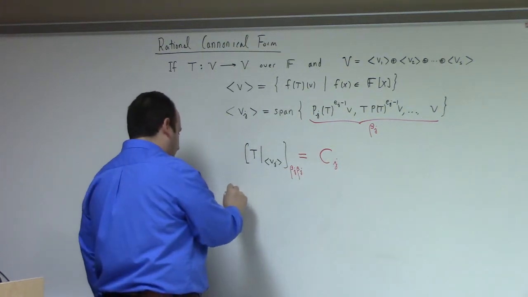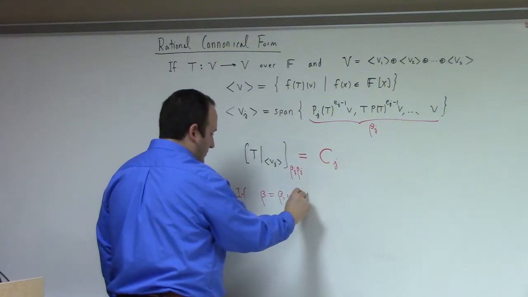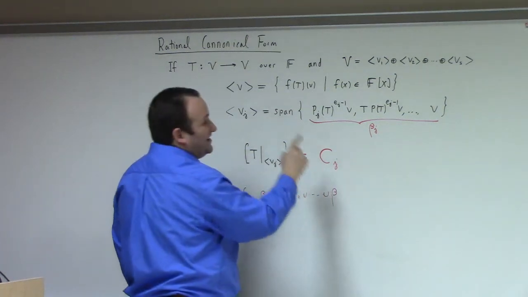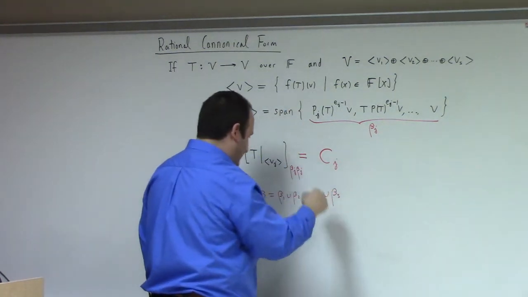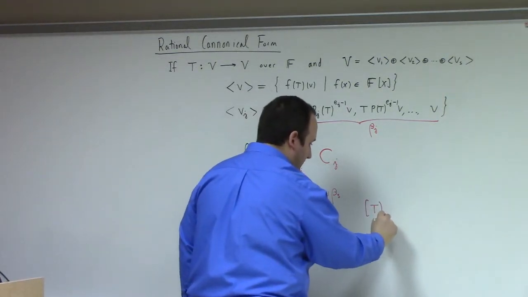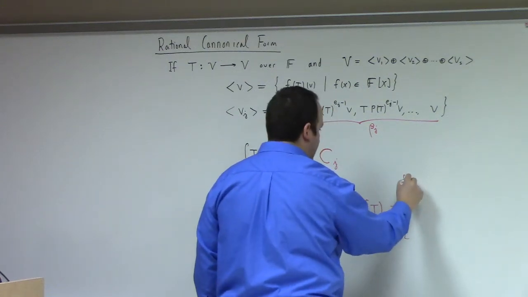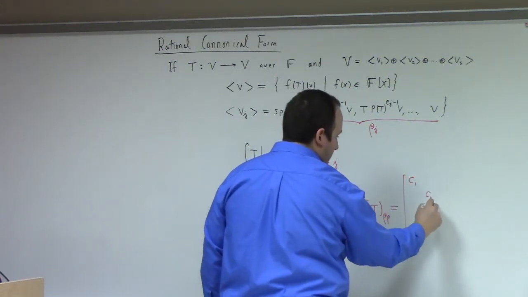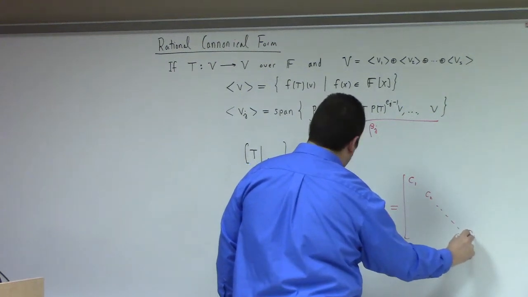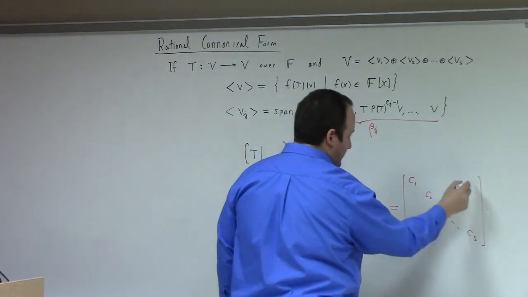Then if you make beta equal to beta 1 union beta 2, union all the way out, you do this for each one of these cyclic subspaces, then the total matrix is in the so-called rational canonical form, in the sense that it's blocks. It's like C1, C2, up to Cs in my current lingo, and zeros elsewhere.